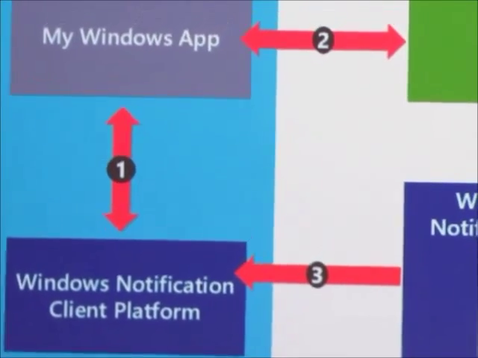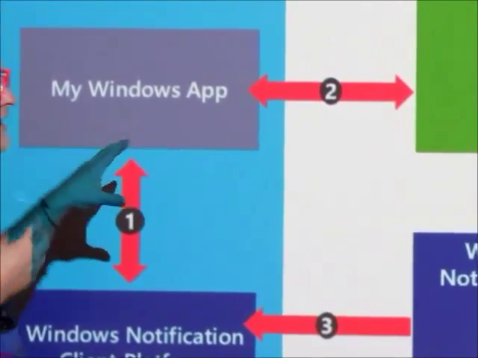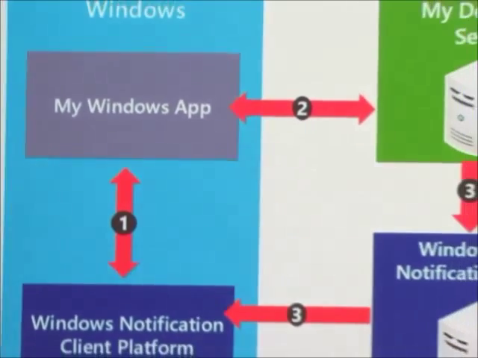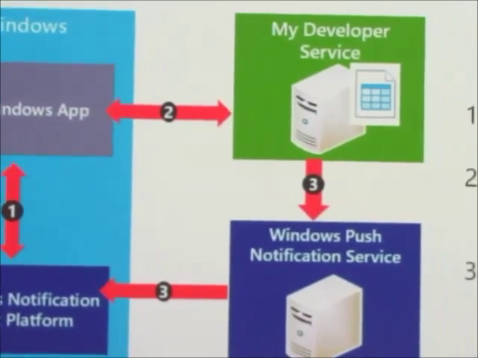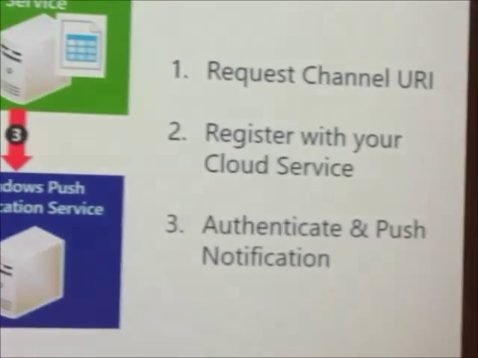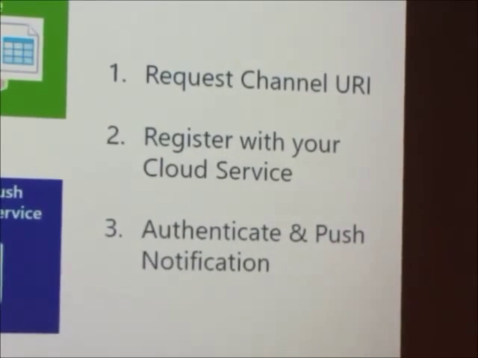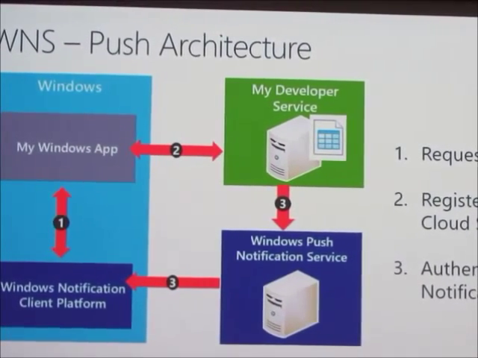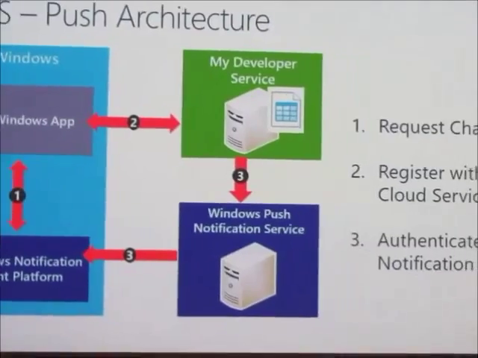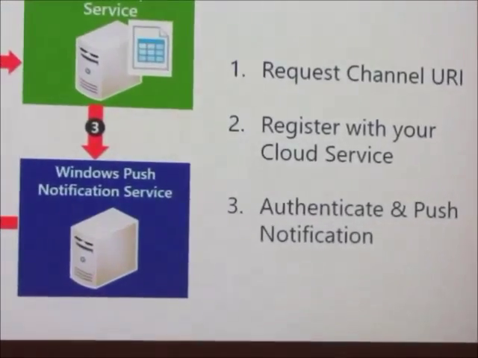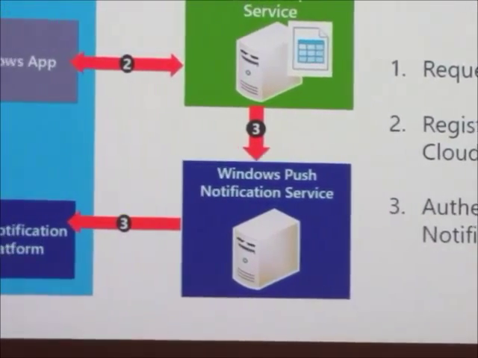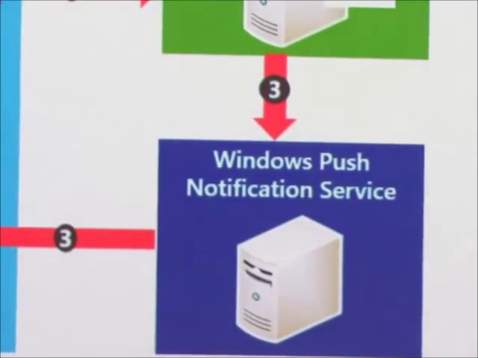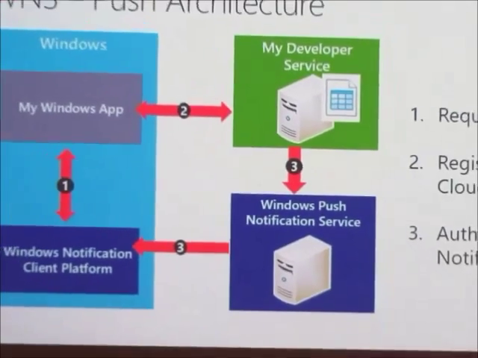The notification platform gives it an ID that's anonymous to everything, but identifies that particular instance and that app, and then sends it out to the developer service, so that the service can then generate the information that it needs and send it to the Windows notification service, which then gets pushed back into the notification platform and back to the app. Okay? It sounds a lot more complicated than it really is.